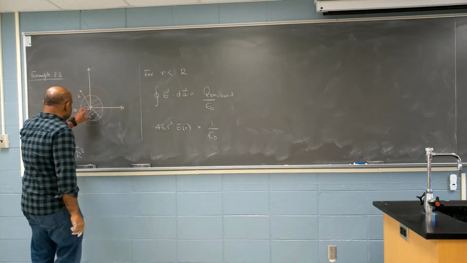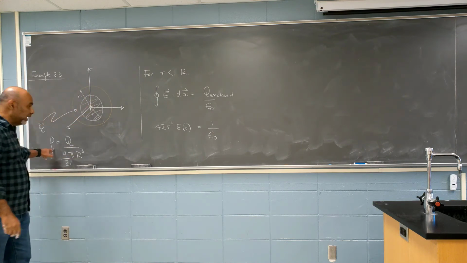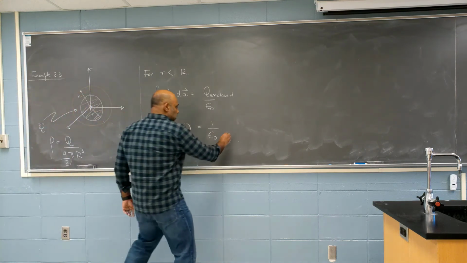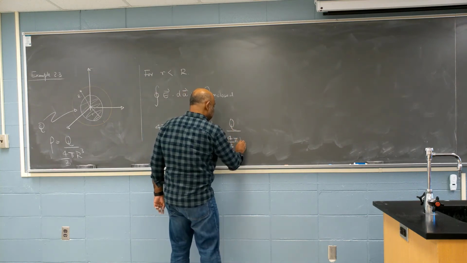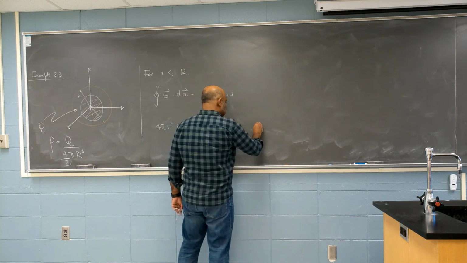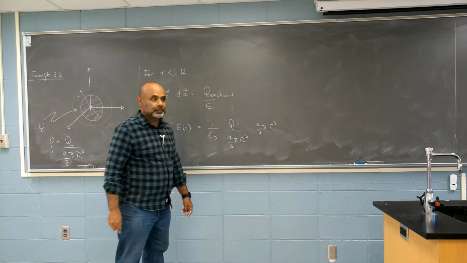So let me do this. It is going to be rho times this volume. Thankfully, I have rho over here. Q over 4/3 pi R cubed times 4/3 pi r cubed.